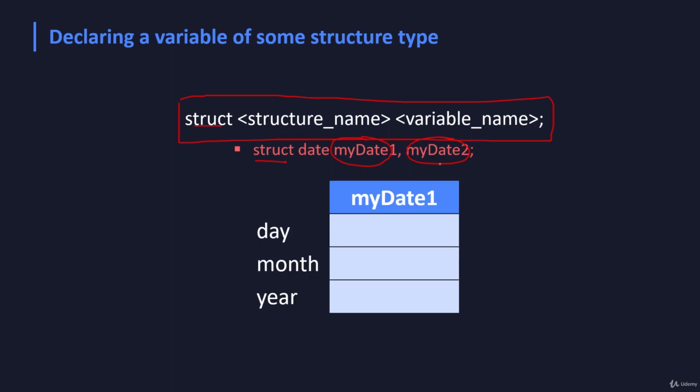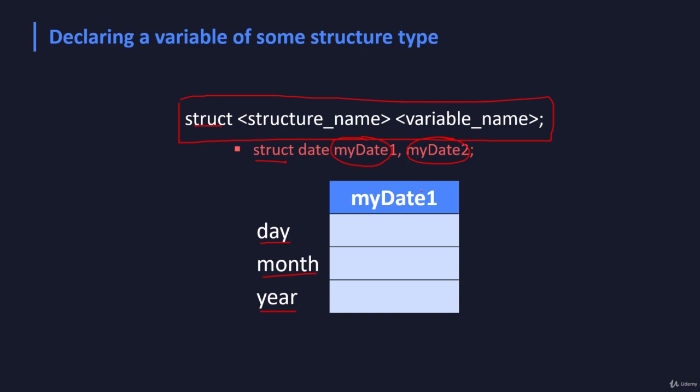Each of them, if we take a look just at myDate1, that's the variable, and each of these variables contains as part of it some integers, which are just these smaller boxes representing the day, the month, and the year.